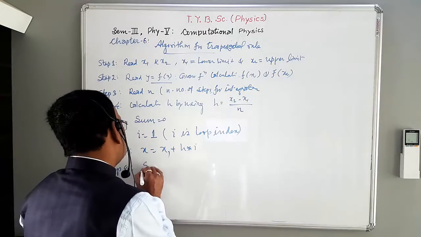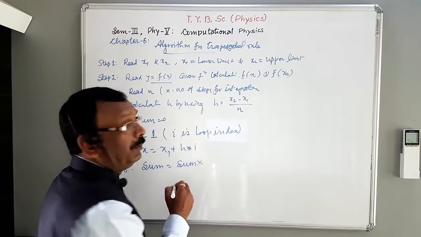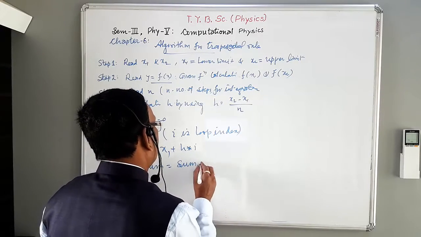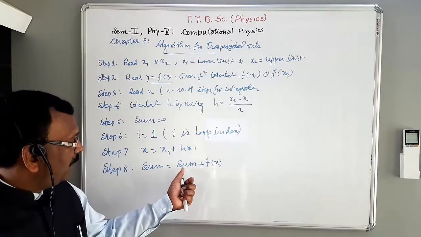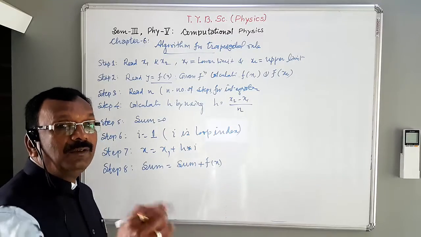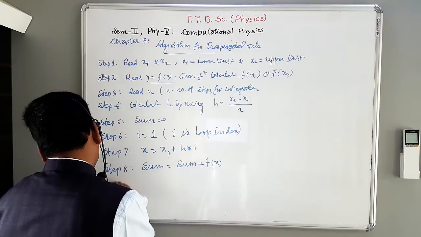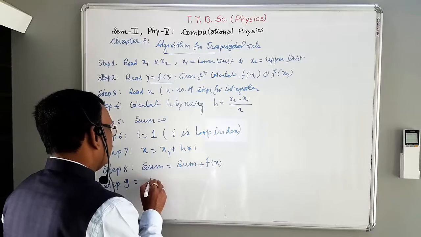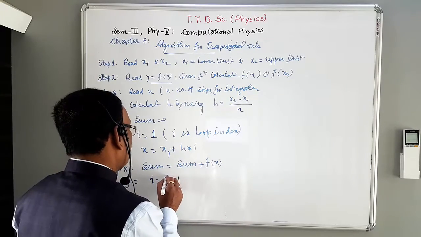We have to assign the value of sum as sum plus f of x. We have to add the given function to the sum, and then the result is assigned to sum. Then we go to the next step, and this is done in step 9, very simple, I is equal to I plus 1.